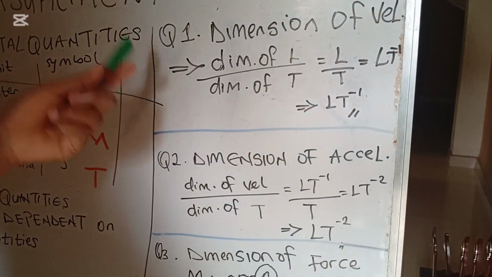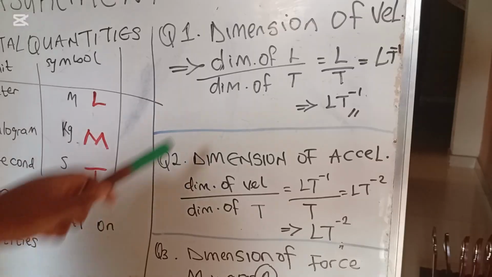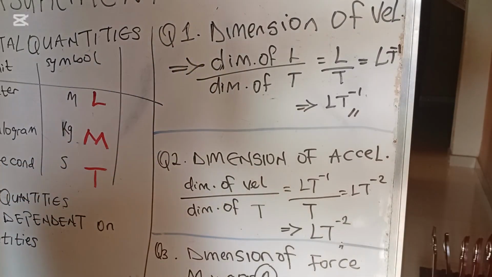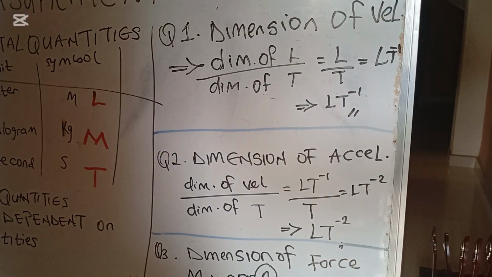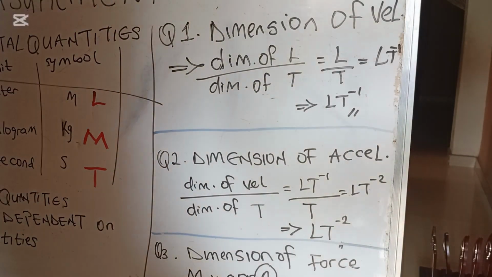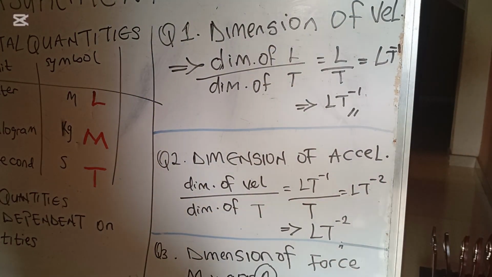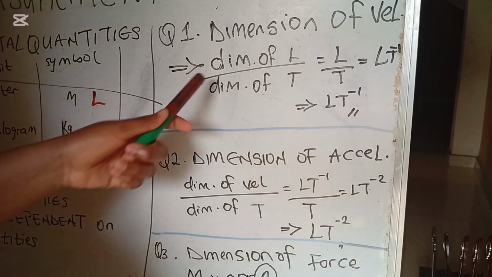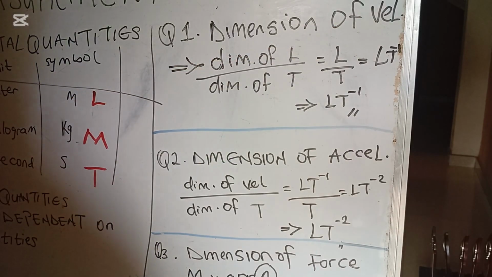Now, we have a few examples here to solve, and under question 1, we have the dimension of velocity. We all know that velocity and speed are almost the same except for a few differences, but that's not what we're here for. We want to get the dimension of velocity.